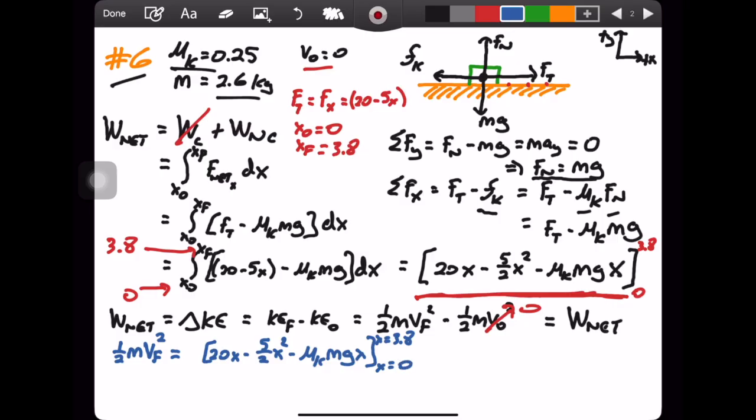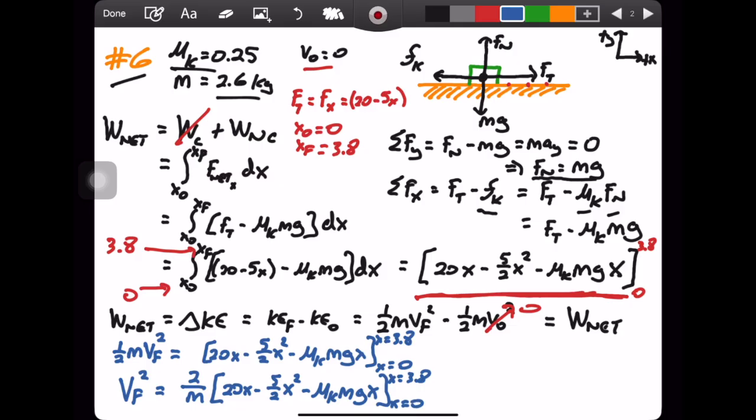This is where I said you could multiply by 2 and divide by m. I can say v final squared is equal to 2 over m, and then I'm going to write this quantity again, 20x minus 5/2 x squared minus mu k mgx, evaluated from x equals 3.8 to x equals 0.